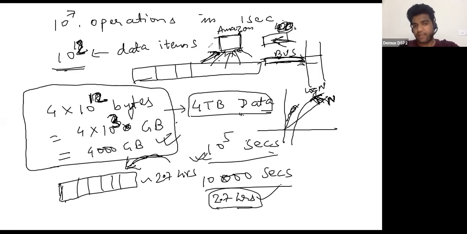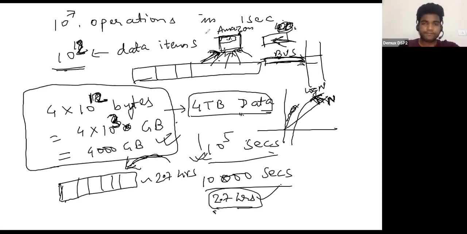And for every search, Amazon cannot afford to waste about 2 hours to give the result, right? Do you understand? See what is the issue? You cannot tolerate a latency of about 5 to 10 seconds also, let alone hours. Hours is obviously not tolerable. So that's basically the magnitude of the problem we have at hand.